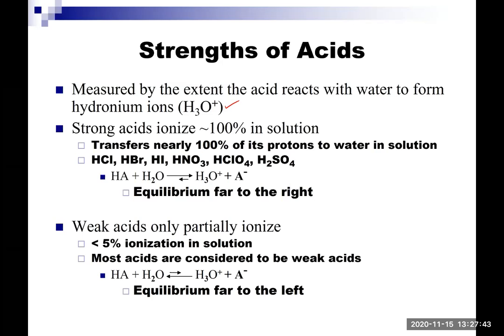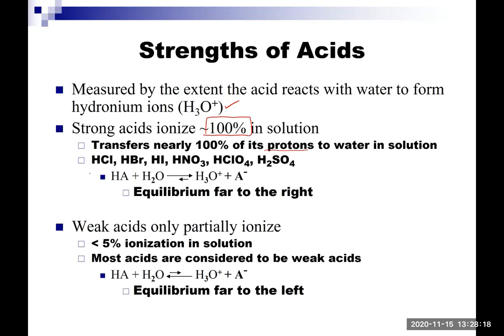And the better an acid is at putting H plus into solution, the stronger that acid is, and the lower will be the pH. Strong acids ionize 100% in solution. It's important that you remember that. In other words, strong acids transfer 100% of their protons into the solution. And that's why they're strong acids, because they're able to increase the concentration of H plus in the solution so greatly.